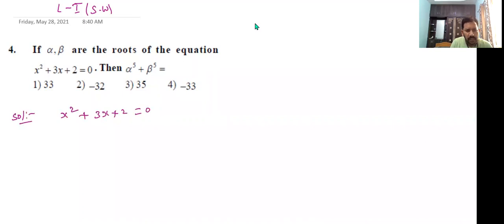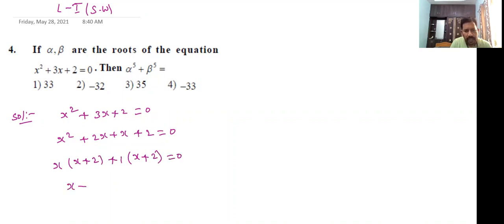So first split into factors. x square plus 2x plus x plus 2 is equal to 0. x common, we get x plus 2. Next 1 common, x plus 2. Finally, x plus 1 into x plus 2 is equal to 0. The x values are minus 1 and minus 2.